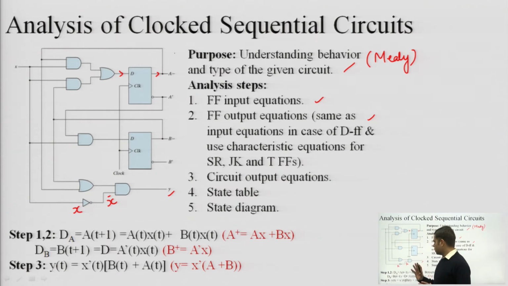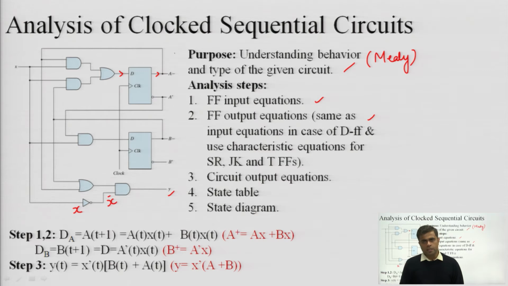Most of the times the examiner will be asking questions based on the D flip-flop, in which the output will be equal to the input. Only the denotation differs: if this is t plus 1, then the previous will be considered as t.